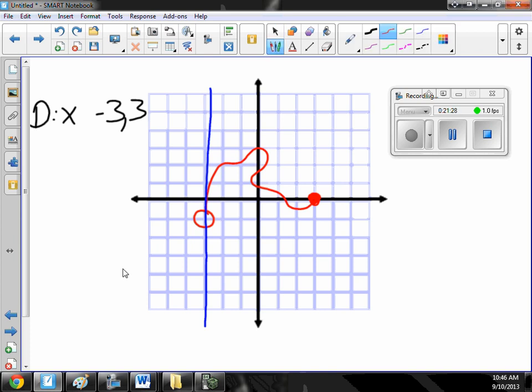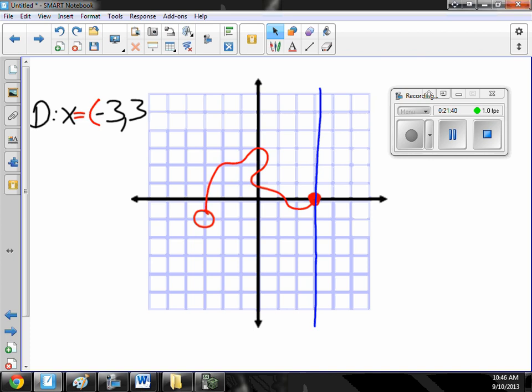So is that a parenthesis or a bracket? Parenthesis. Okay, what about 3? If I move my line over here to 3, does that one count? Yes. So 3 gets a bracket. Does anybody not understand how we got that? So essentially, every x from here to here gets counted. Everything bigger than -3 and everything all the way up to 3.